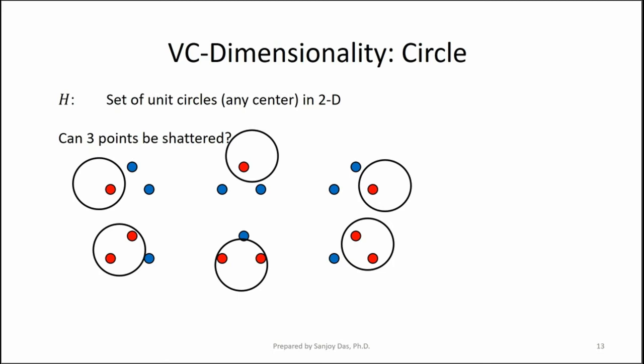So in all these cases so far, we are able to separate the blues from the reds. We are able to classify correctly using this unit circle. How about this case? All 3 reds. Yes, we are able to do the classification correctly. In the last case, all 3 are blues, so the circle doesn't have to enclose anything. So these 3 points can be shattered by a circle. Yes.